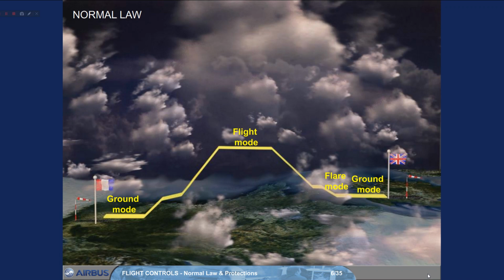We will compare a conventional aircraft, an A310, with the fly-by-wire A330, A340 in normal law flight mode.